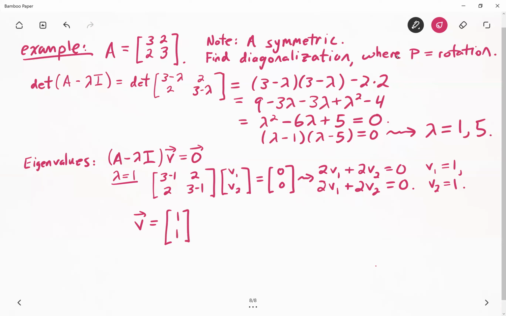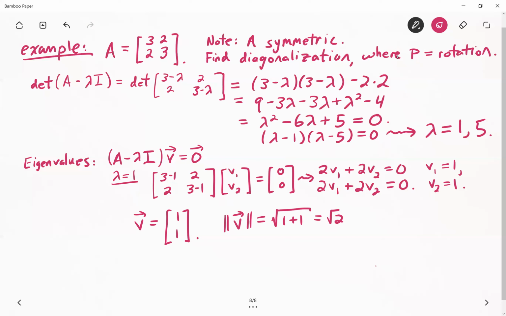However, we would really like an eigenvector whose length is 1. So what we'll do is turn this into a unit vector by dividing out by its length. The length of this vector is the square root of the sum of the squares of the components. In this case, it's square root 2.